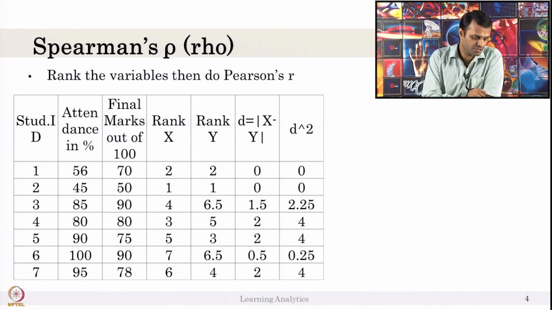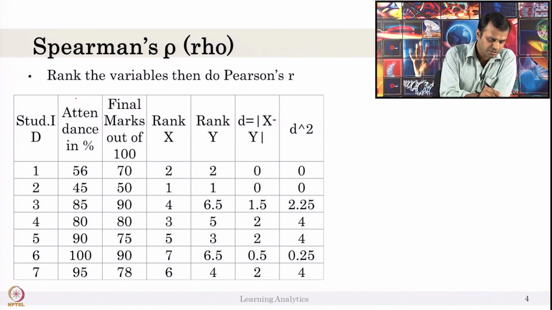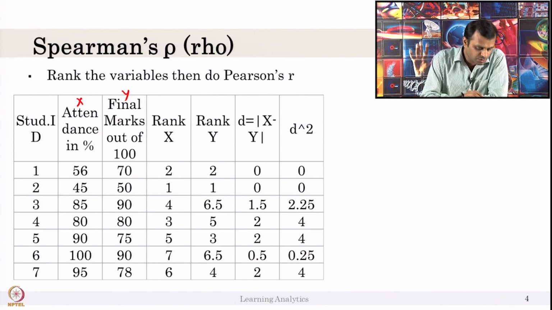Let us look at 7 students' data, and we have attendance and final marks. Consider this as x and this as y. We will do the ranking of the available data, arranging it in ascending order.